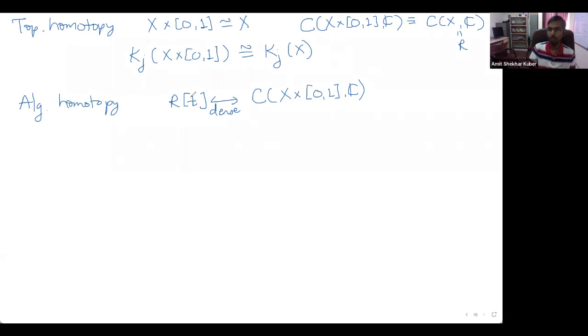Therefore, we should expect, at least in nice scenarios, that the map from C of X cross 0, 1 to C of X, by projecting, gives a map down to R again. So Kj of R[T] is isomorphic to Kj of R for nice rings.